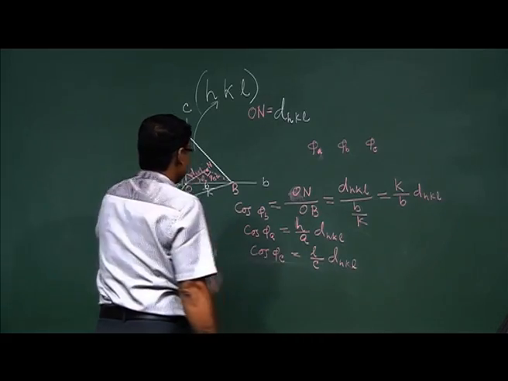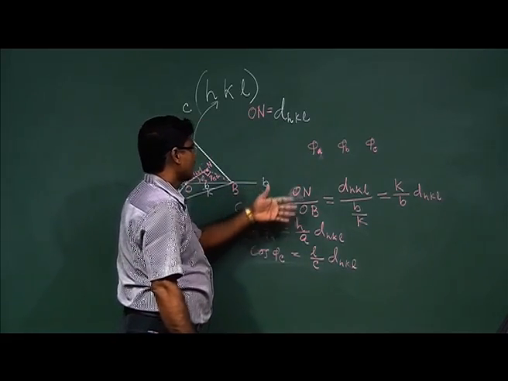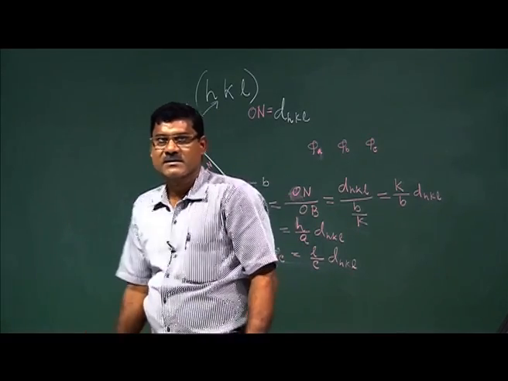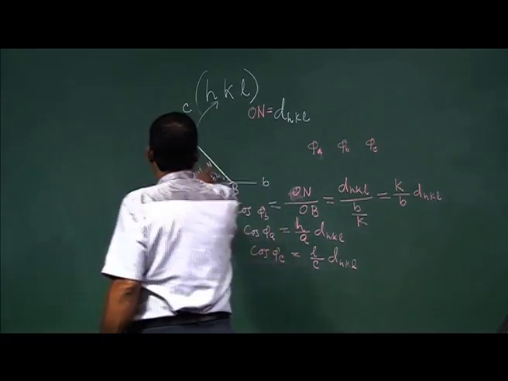So here cos phi A, cos phi B, cos phi C are the direction cosines of this normal.